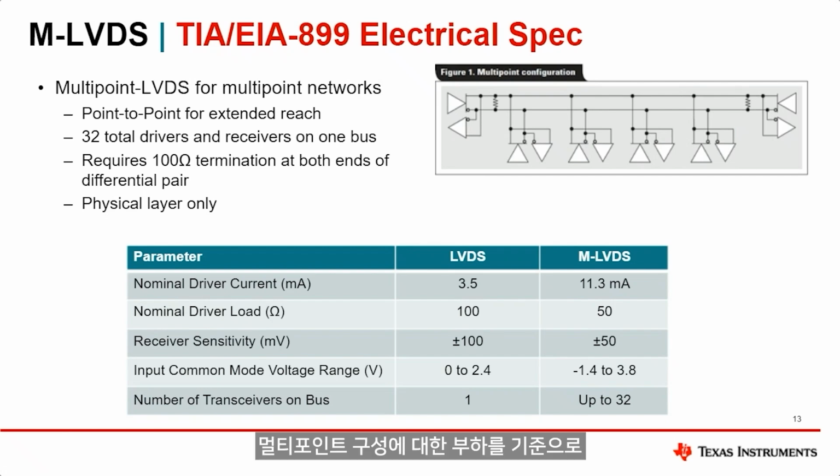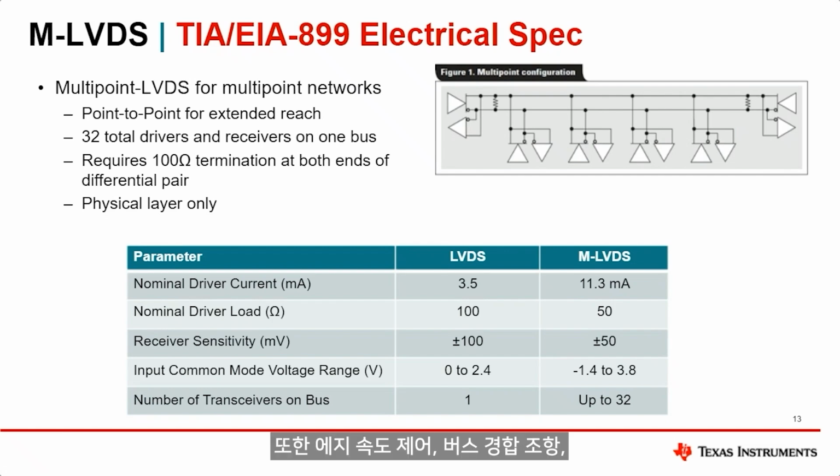LVDS's 3.5 milliamp current drive is not large enough to produce a sufficient differential voltage based on the loading for a multi-point configuration. And so that's one of the differences that M-LVDS makes, increasing the nominal driver current to about 3 times that of LVDS to be able to support the additional loading on the bus.